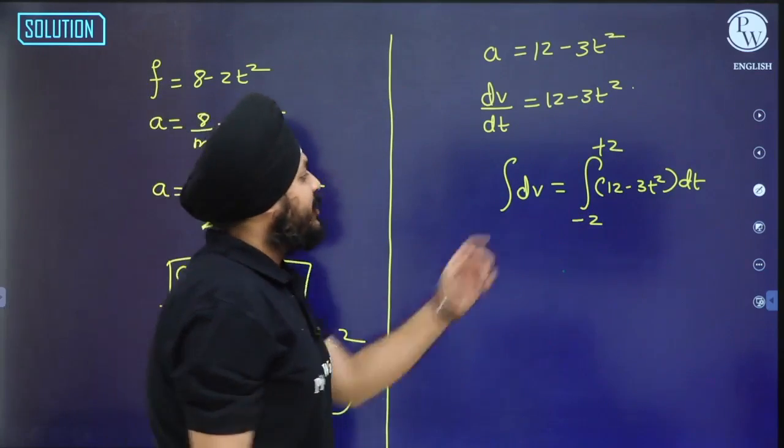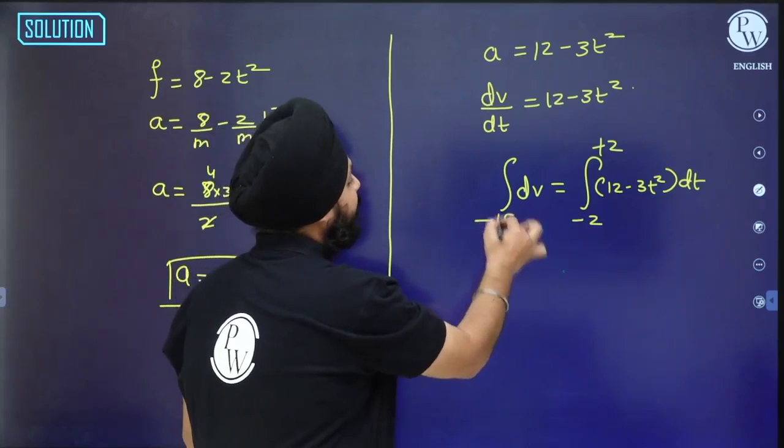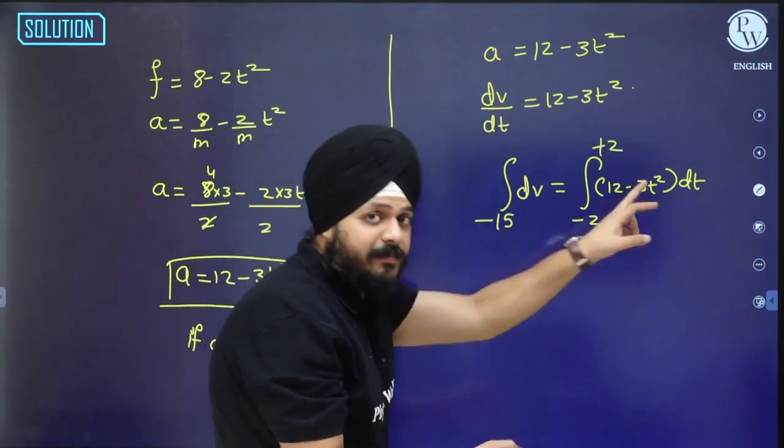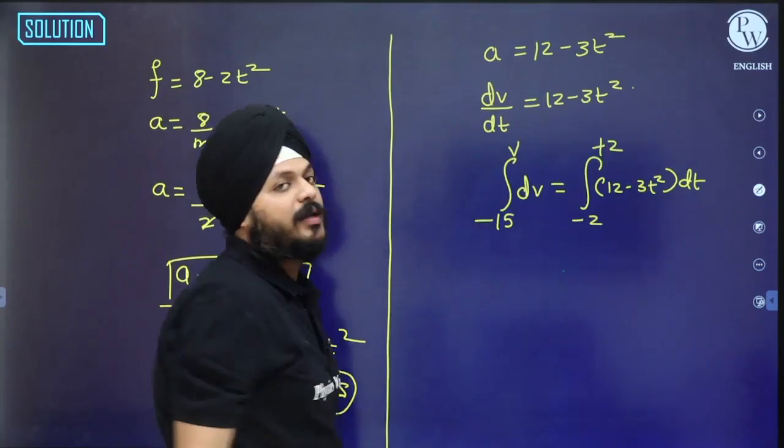At minus 2 seconds, we are given the velocity as 15 meter per second. At plus 2 seconds, when acceleration is again becoming 0, we need to find v.